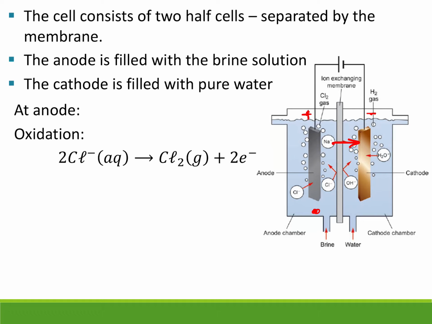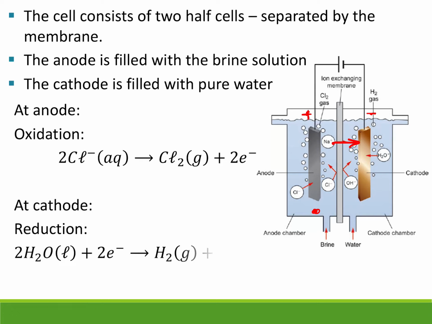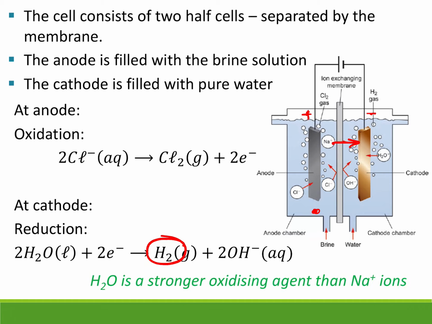Water is a better oxidizing agent, so the water is going to be reduced, just like we did in the last one with the sodium iodide. The water is going to get reduced and it's going to create H2 gas. Okay? Why? Because water is a stronger oxidizing agent. So that's how we create the H2 gas and the Cl-.